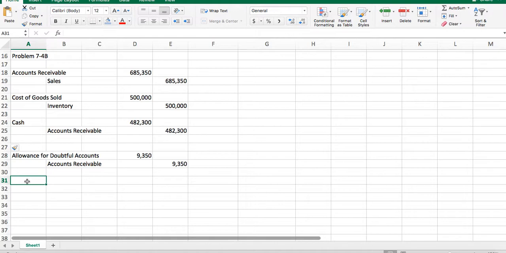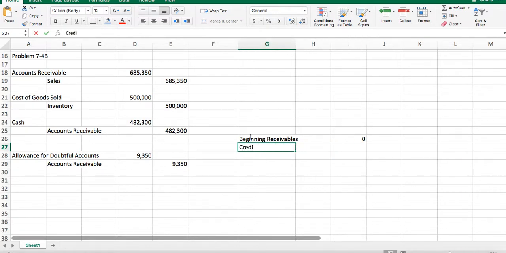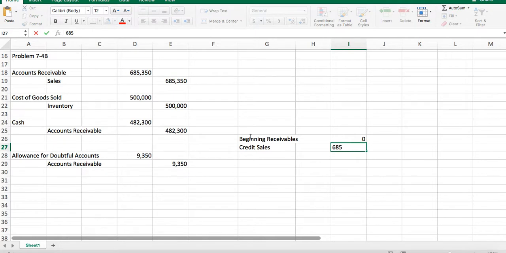It's misleading to the readers of our financial statements. Okay, in the next one, in adjusting the accounts on December 31st, the company estimated that 1% of accounts receivable will be uncollectible. So we've got to figure out what our accounts receivable is, first of all. We can come right over here and see that our beginning receivables was 0. Our credit sales were $685,350, which again is one of our transactions.